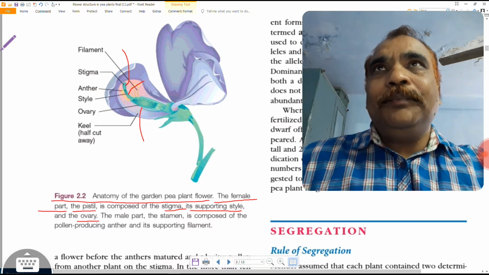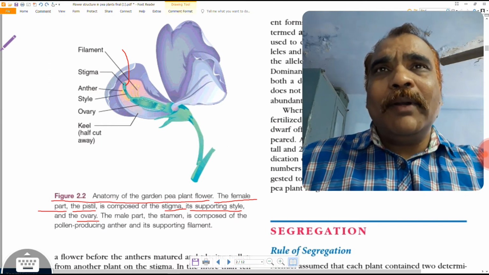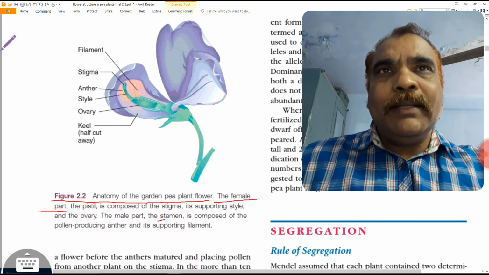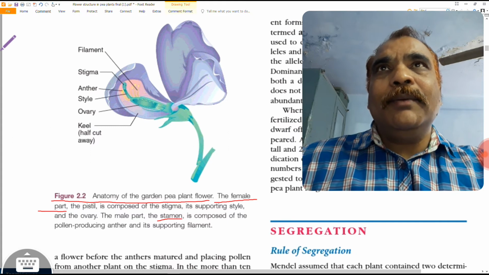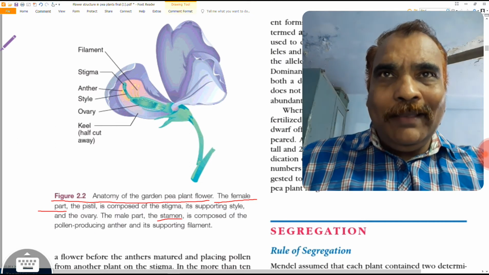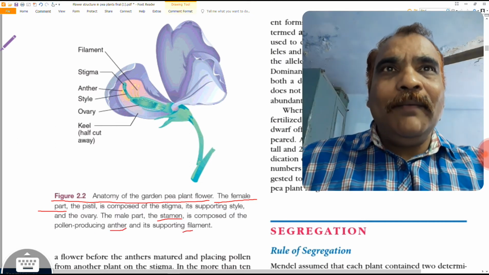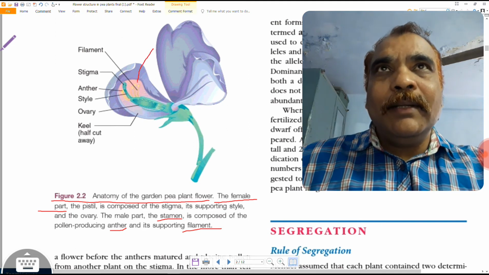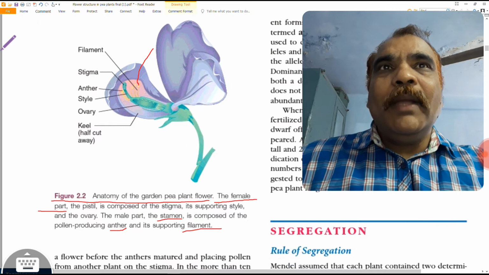Now the male reproductive part is known as the stamen. The stamen is made up of the anther and filament. Here you can see, this one is the anther, and this is the filament.